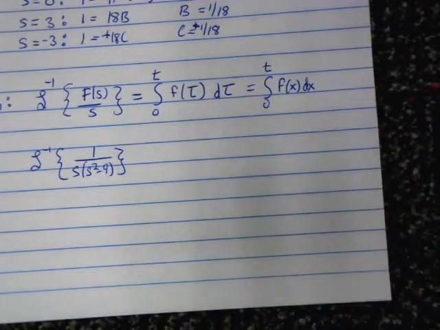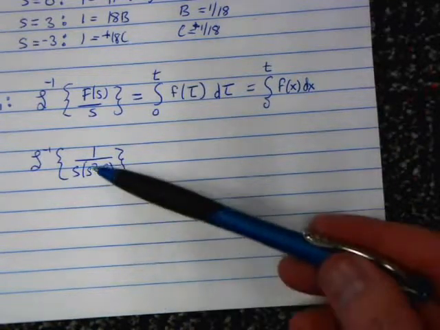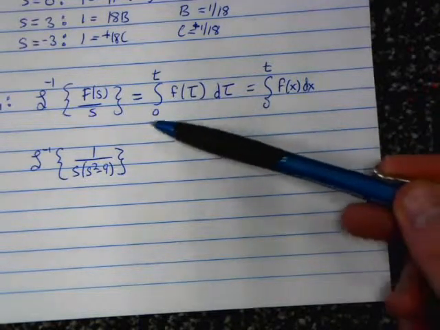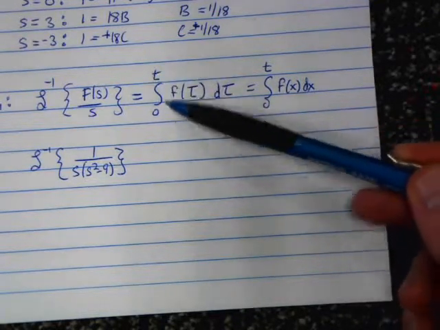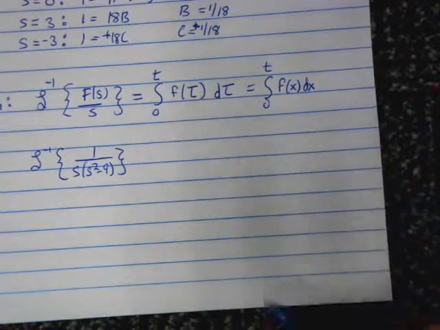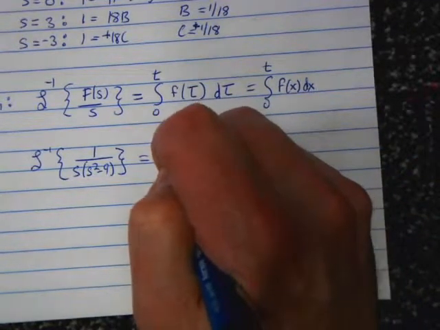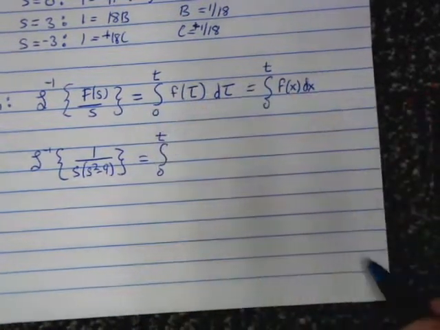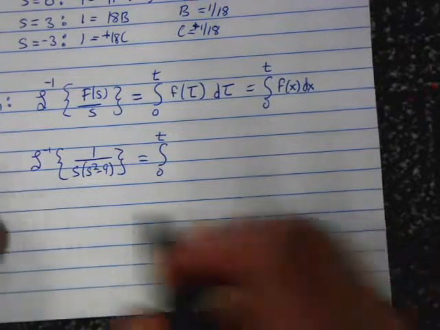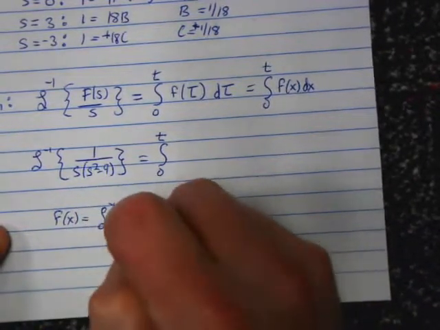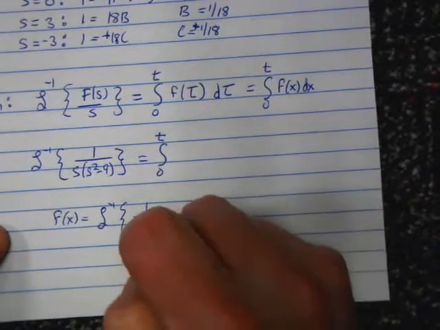You can do partial fractions, or you can get rid of 1 over s if you're willing to do an extra integration. So this becomes the integral from 0 to t of f of x, where f of x is the inverse Laplace transform of just this piece.